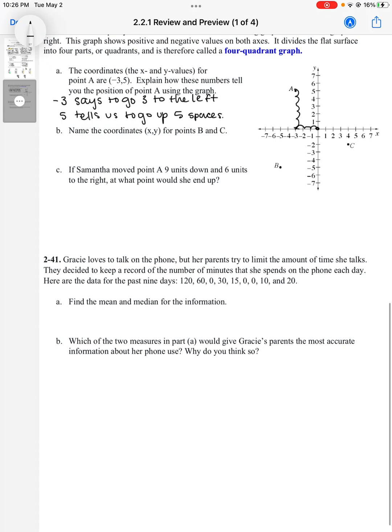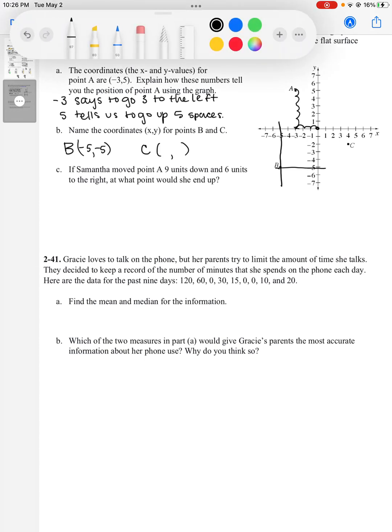Okay, part B, name the coordinates for points B and C. So I have B and C. Remember, coordinates are written in parentheses. I'm going to use a line here to kind of help. So B is at about -5, -5. And the reason I'm drawing the lines is because I don't have a grid written down.